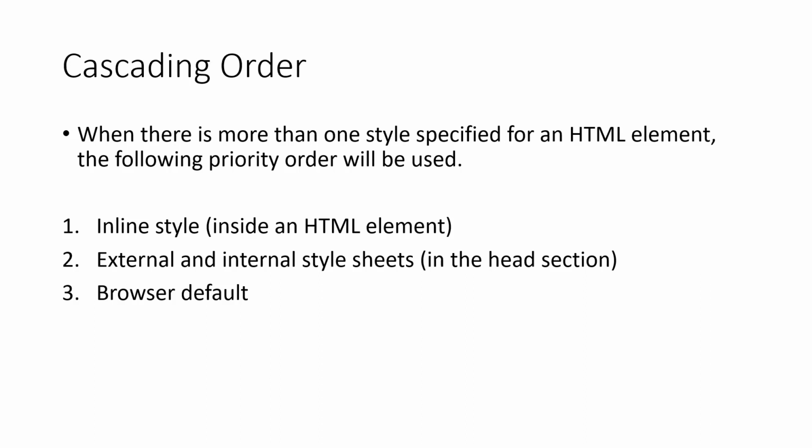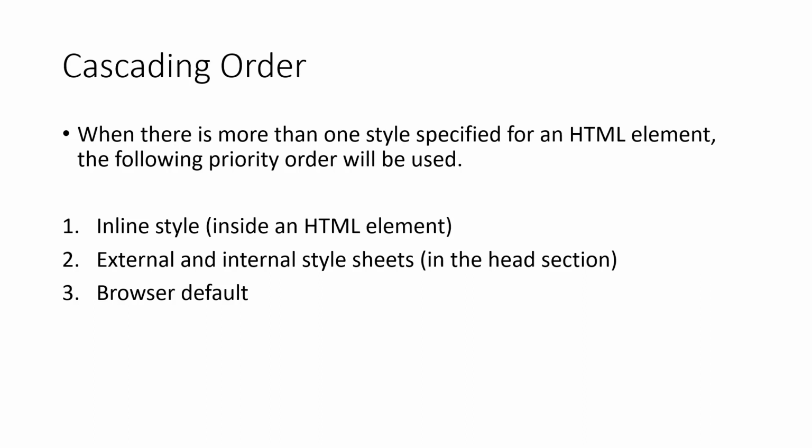When there's more than one style specified for an HTML element, this is how the priority order will be used. So the first one is inline style. That is, if something is within the element itself, that is the priority.